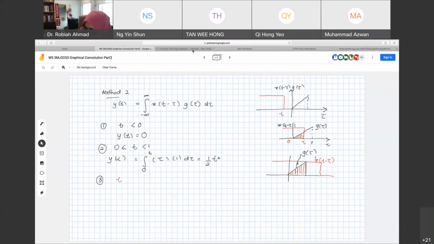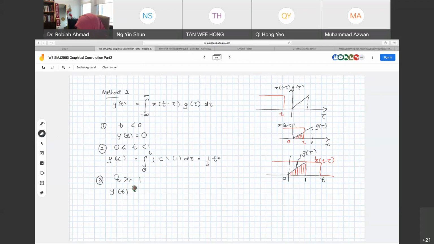So t more than 1, the signal will fully overlap.